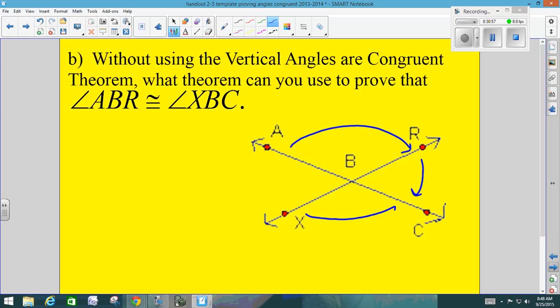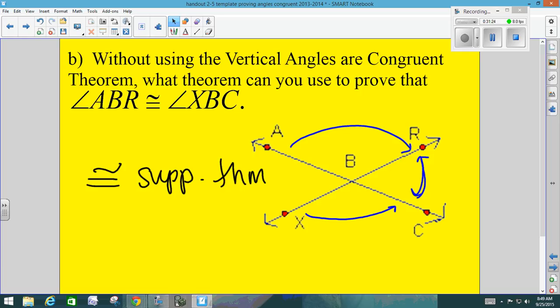XBC, bottom one, supplementary to RBC, right? Okay, so at the very top of the previous page, it said, if two angles, the top and bottom one, are supplementary to the same angle, then these two angles must be congruent. So we can use the congruent supplements theorem. Congruent supplements theorem. Two angles supplementary to the same angle are congruent.